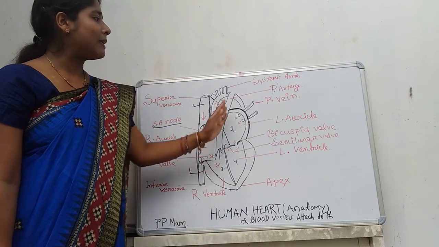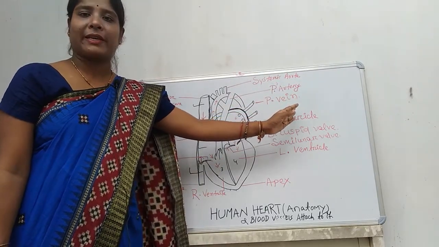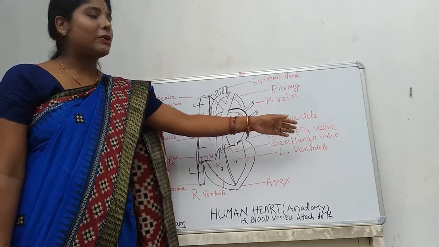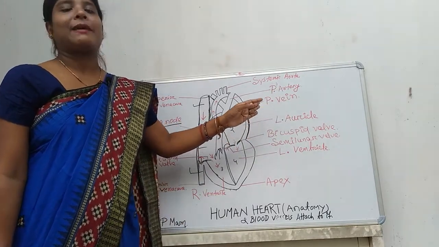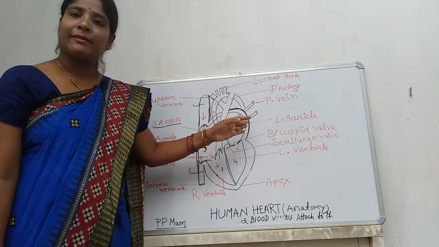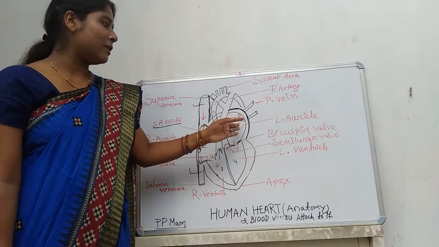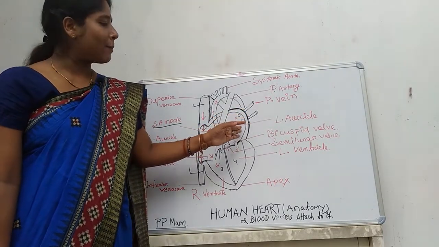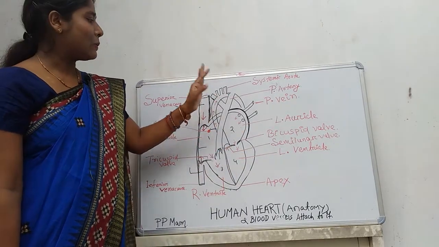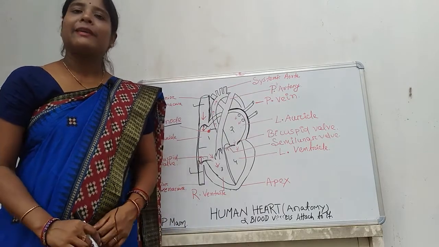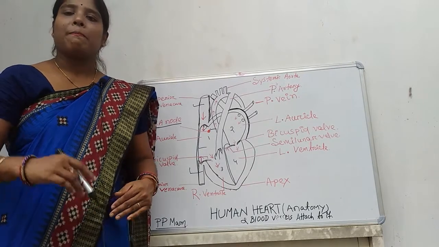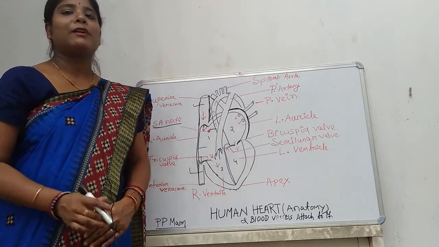From the right ventricle it goes to the lungs for purification through the pulmonary artery, and through the pulmonary vein it returns after oxygenation to the left auricle. From the left auricle the blood goes to the left ventricle. From the left ventricle it goes to all parts of the body for circulation through the systemic aorta. This is the path of circulation of the blood through the heart.